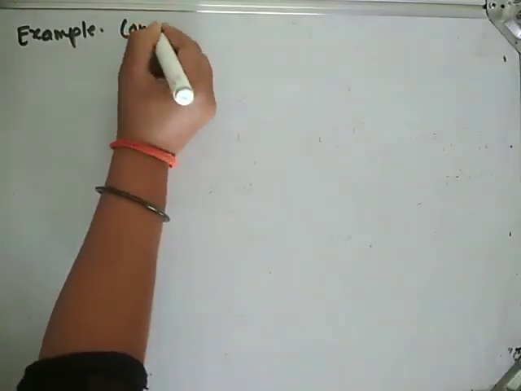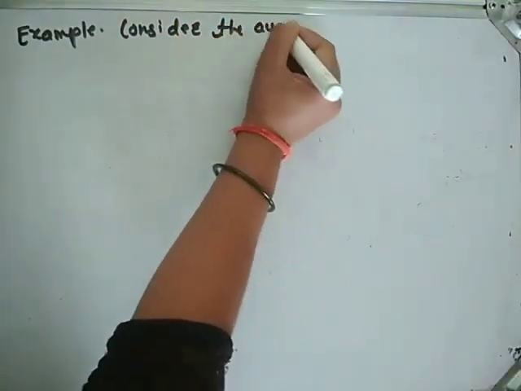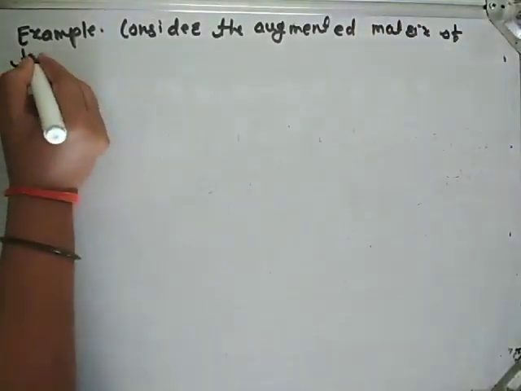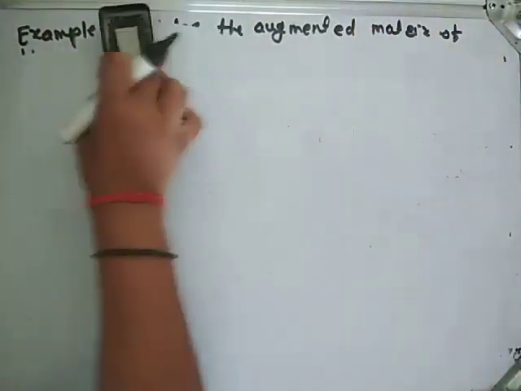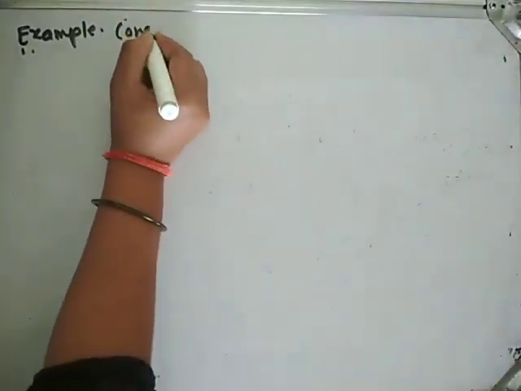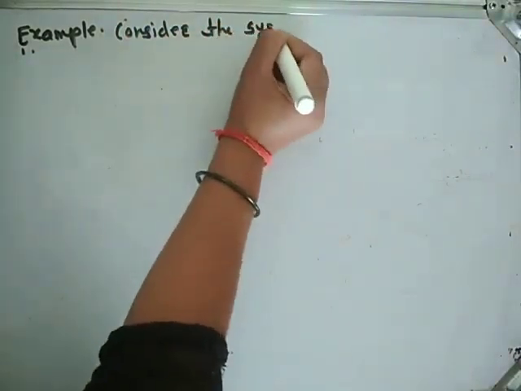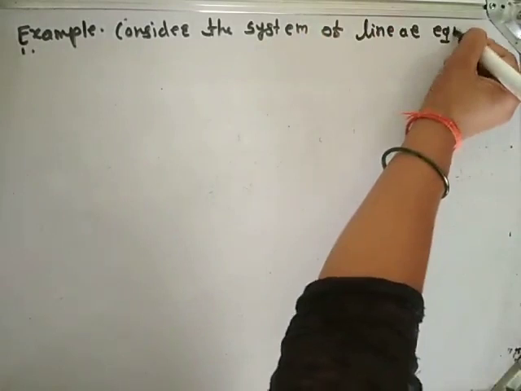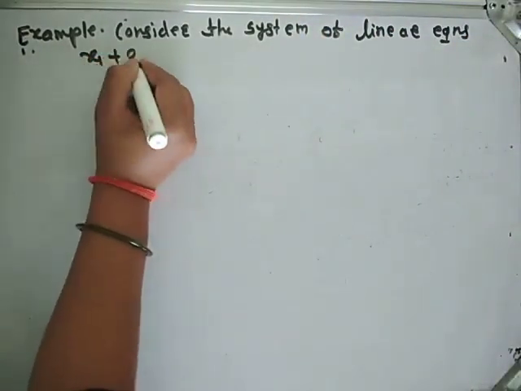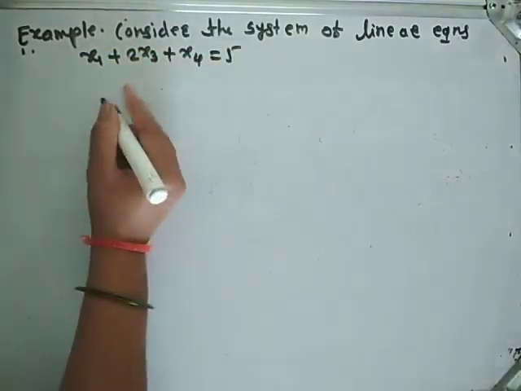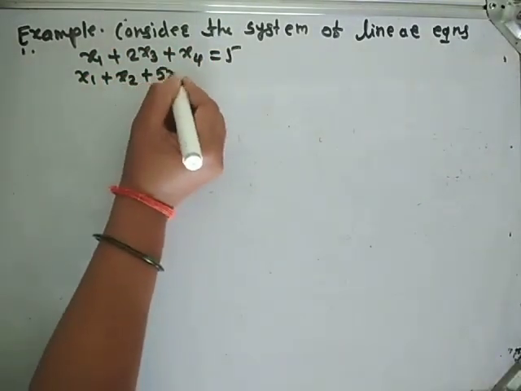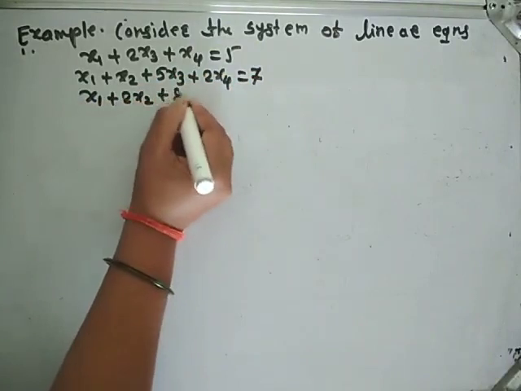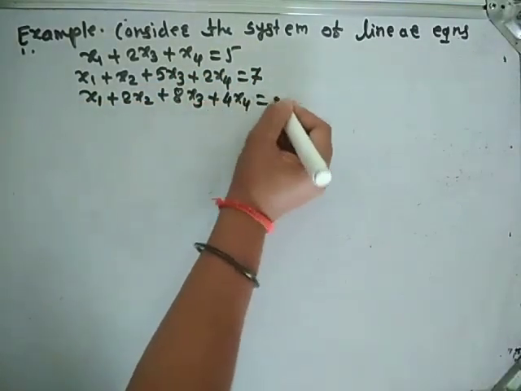Example: consider the system of linear equations. x1 plus 2x3 plus x4 is equal to 5. x1 plus x2 plus 5x3 plus 2x4 is equal to 7. x1 plus 2x2 plus 8x3 plus 4x4 is equal to 12.